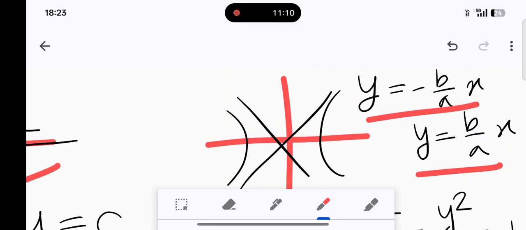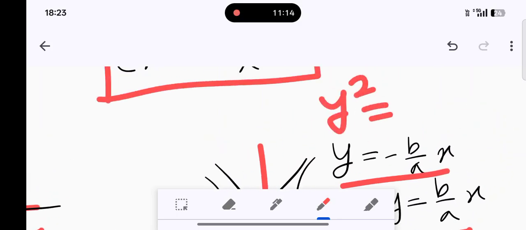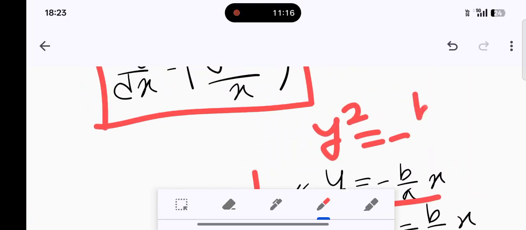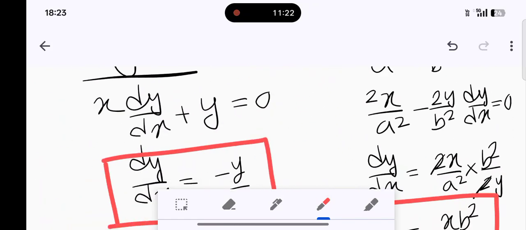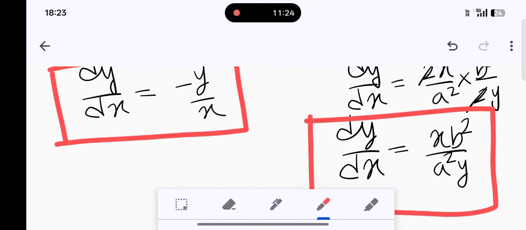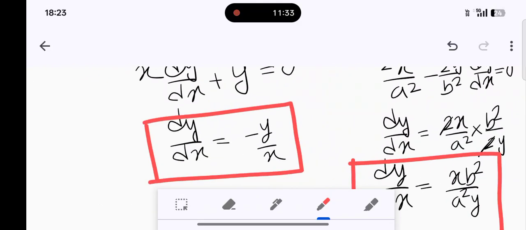If we multiply this, it will be y square is equal to minus b square by a square into x square. So we can easily replace the b square by a square term, right? But wait a moment. Why should you wait? Because the asymptotes and this equation are different.